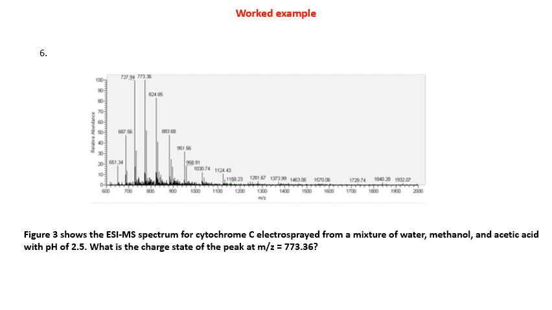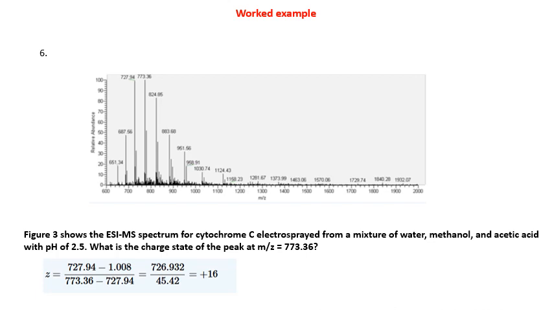You will get the value of your charge state. Using these two values, you will get that z is equal to plus 16. That is, the charge is plus 16 for this biological protein molecule, cytochrome C.